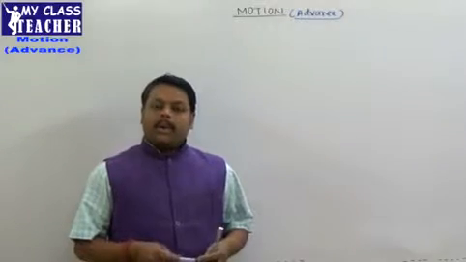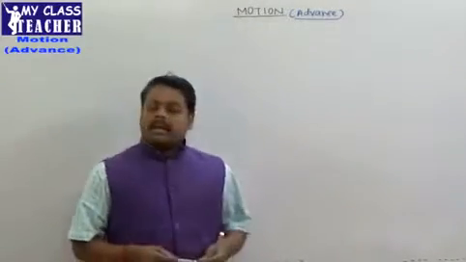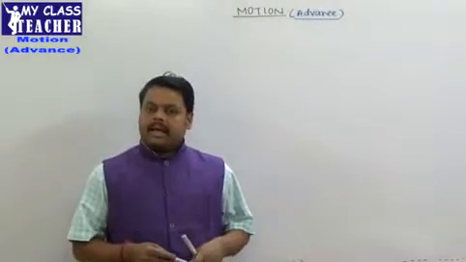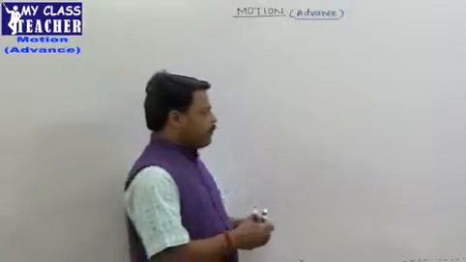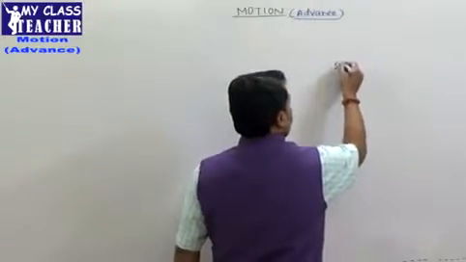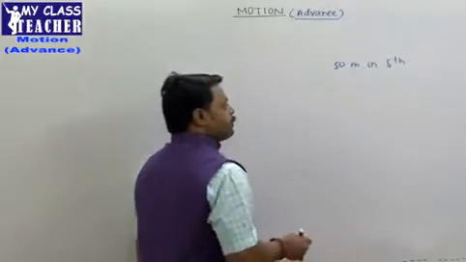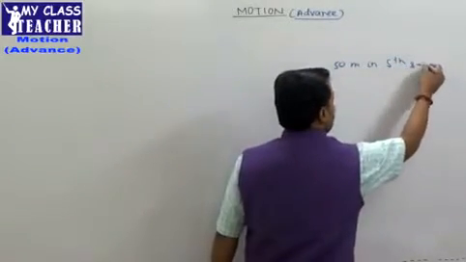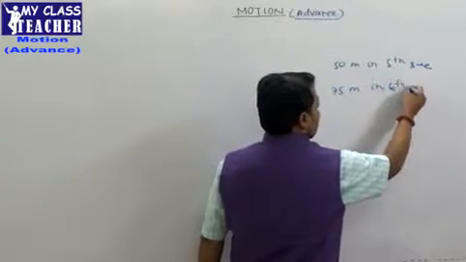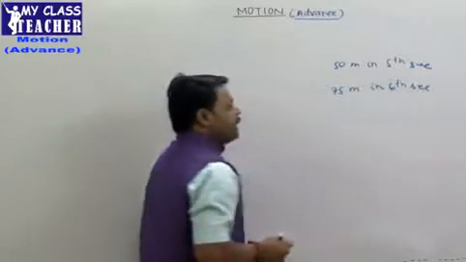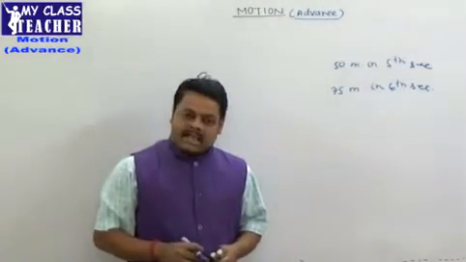Write: moving with a uniform acceleration and having a certain initial velocity, the particle covers 50 meter in 5th second and 75 meter in 6th second.